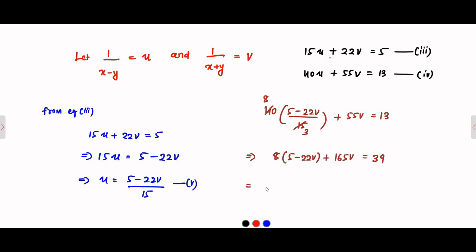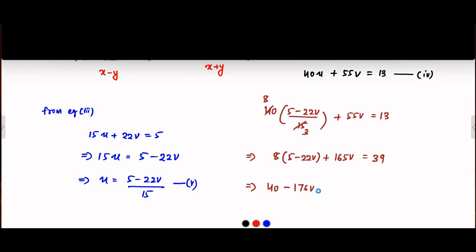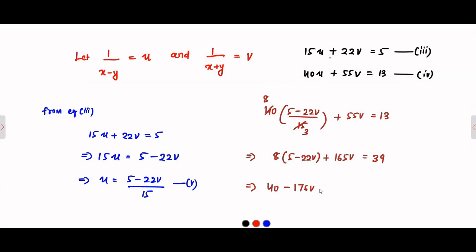So that implies 40 minus 176v plus 165v is equal to 39.